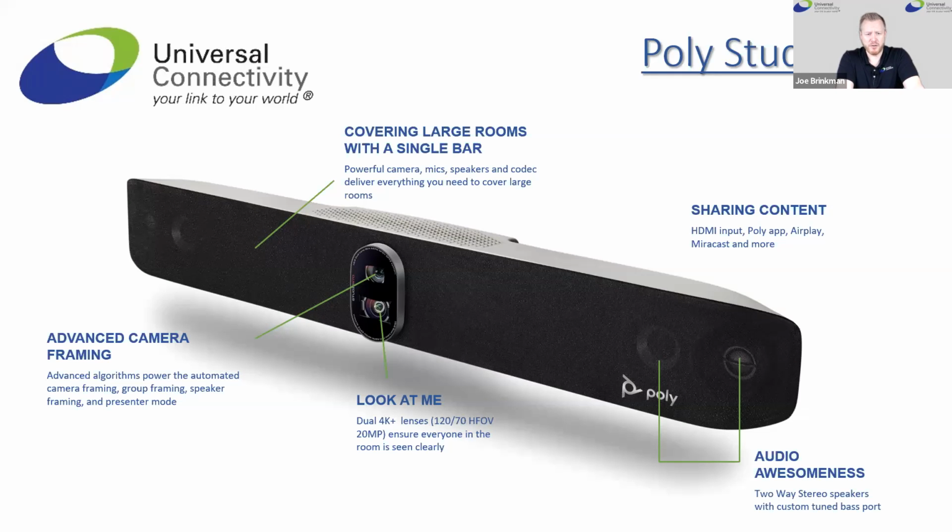It has 2-way stereo speakers, aluminum cone tweeters, and custom-tuned bass ports for added and increased audio quality. And with the camera, it's lifelike video with dual cameras, each with their own 4K plus sensor. And this one also ensures that everyone is clearly seen with Poly's DirectorAI pinpoint accurate automatic framing technologies. I'll get into that a little bit more in a second.